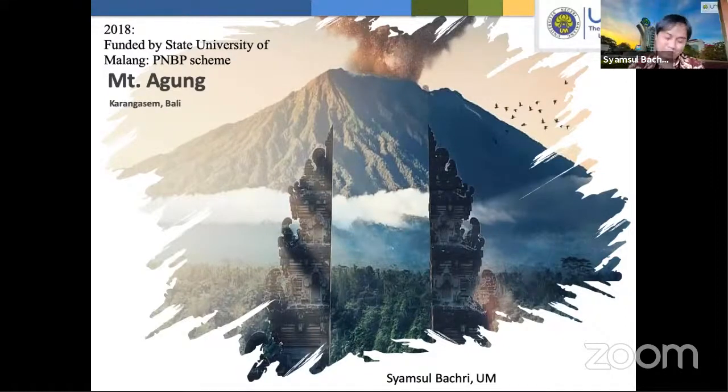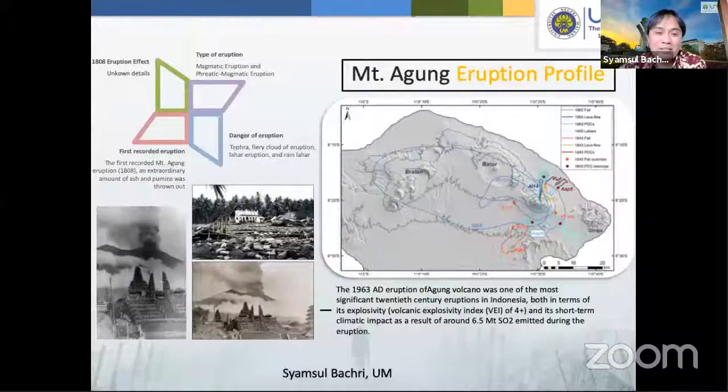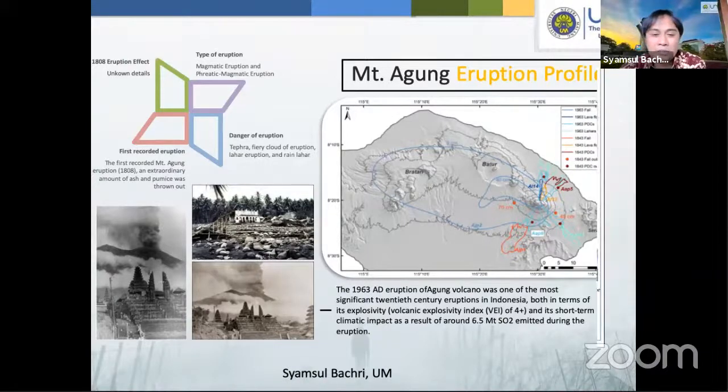Please come to Bali and you will get this kind of picture of Gunung Agung or Mount Agung. This is Mount Agung's eruption profile, how the eruptions were recorded from 1800s, we have the eruption events, and then also other years of eruptions.